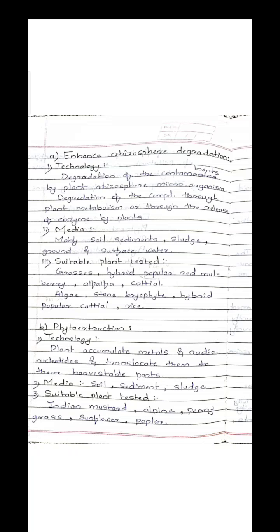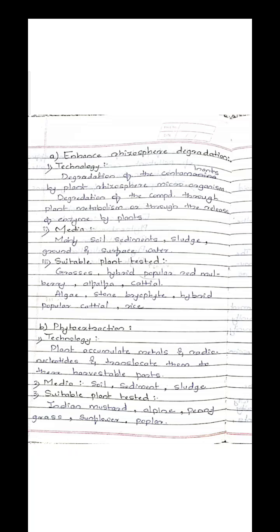The suitable plants for this are Indian mustard, alpine pennycress, sunflower and poplar. So in phytoextraction, these plants accumulate the metals and some radionuclides, and then translocate them into the harvestable parts.